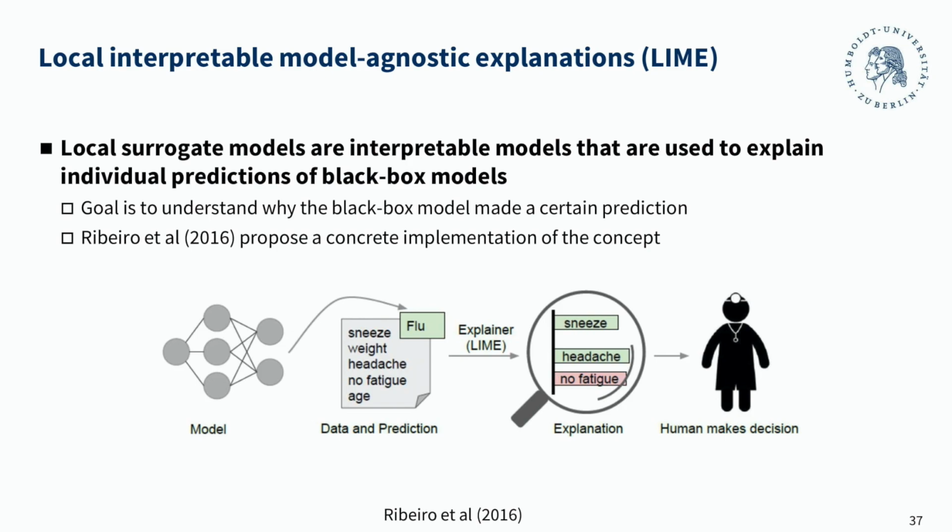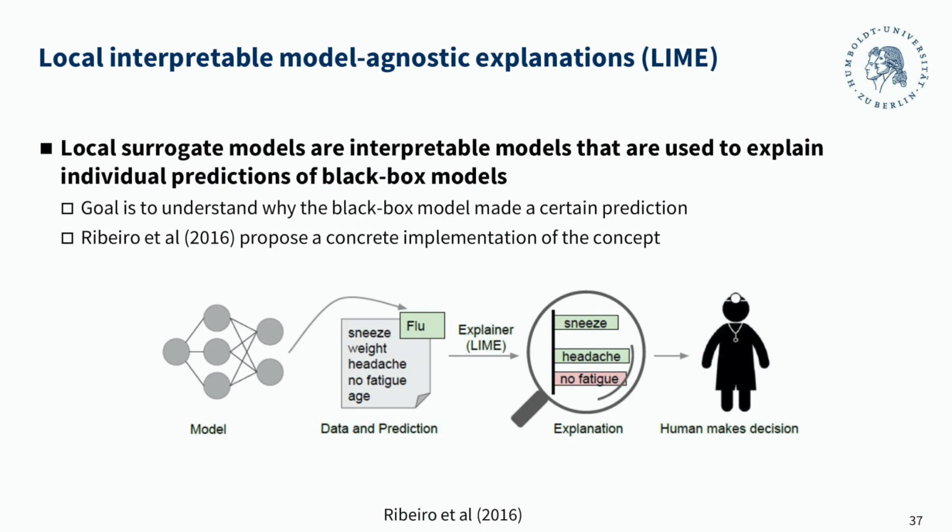The context that Ribeiro and colleagues had in mind was medical diagnosis, where you have a model that is fed with some symptoms like sneeze, weight, headache, no fatigue: I'm not tired but have a bad headache, my weight is X, I'm that many years old.